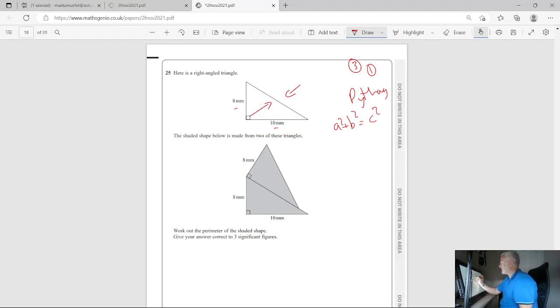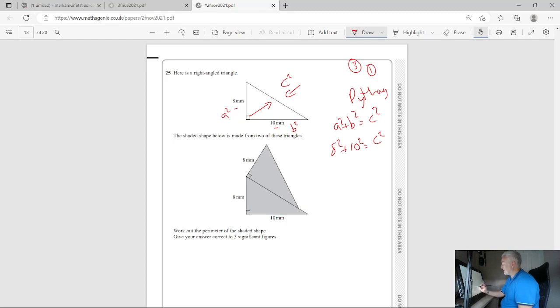Remember that the one opposite my right angle is always my longest side. My rule of thumb, you don't have to use it, is that the smallest one I always call A and the middle one I always call B. So if I can find the square of A and the square of B, that's going to equal the square of C. So 8 squared plus 10 squared equals c squared.